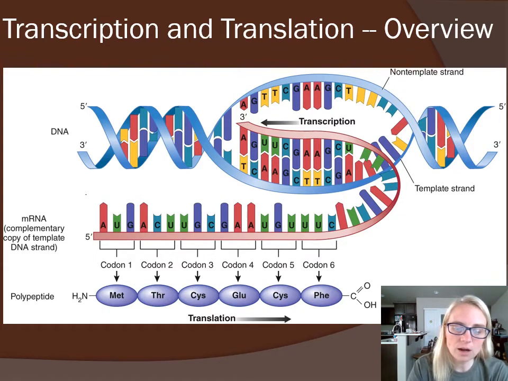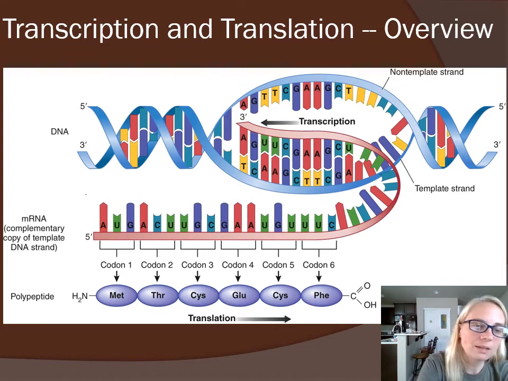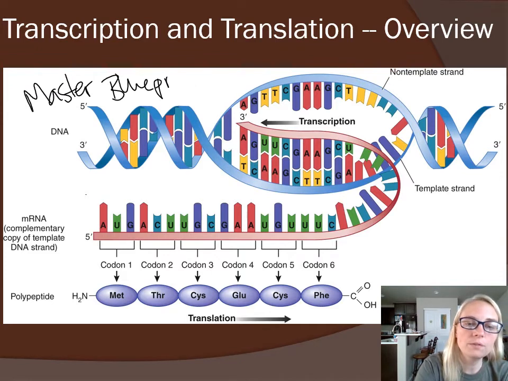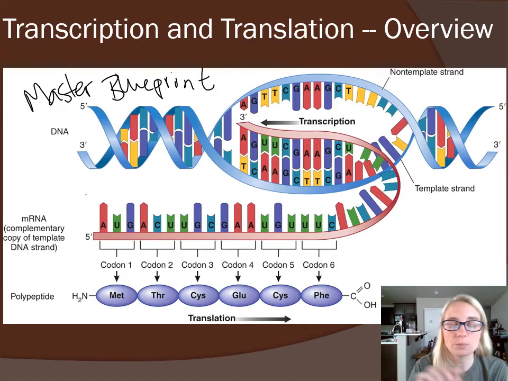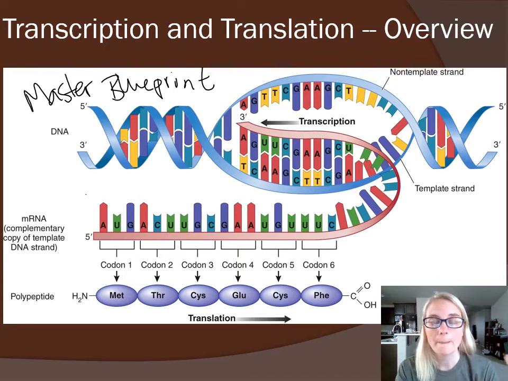So you can think of the DNA as the master blueprint, right? It has all the instructions for you as the person, but it stays protected inside the nucleus. And every cell has the entire copy of your entire blueprint. Even your skin cells have all the DNA, all 46 chromosomes, in every single one of your skin cells.